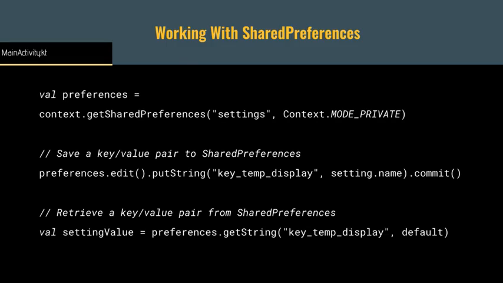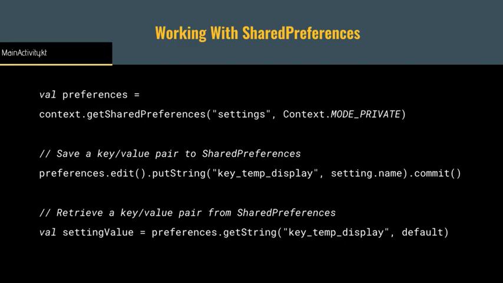Once we have the preferences file, we can edit or retrieve data from those preferences. In this case, to save a value, we call preferences.edit. Edit returns an object that allows us to change the values that are present.